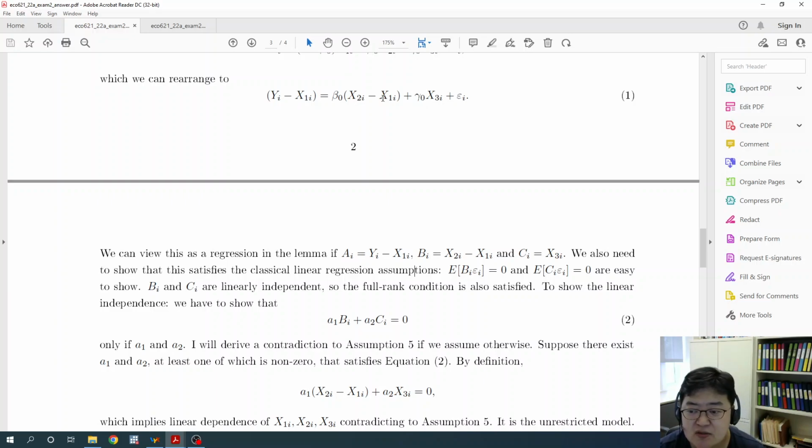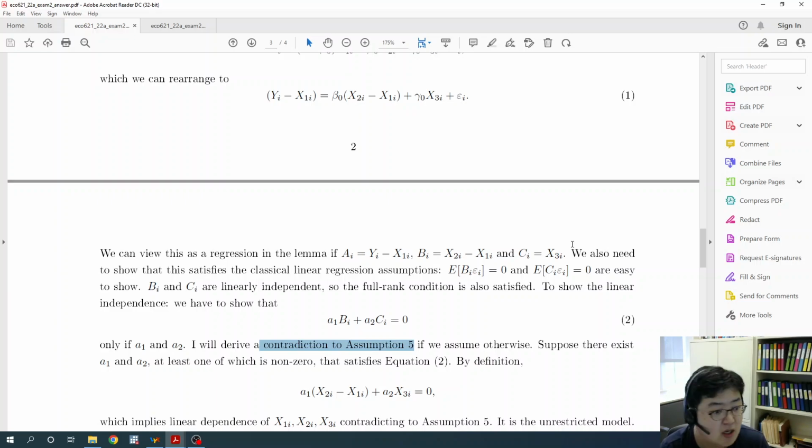Now I'm going to assume that they were not linearly independent. If they were linearly dependent, then it contradicts assumption 5, which is the full rank among x1, x2, x3. If B and C are linearly dependent, then x1, x2, x3 are also linearly dependent.